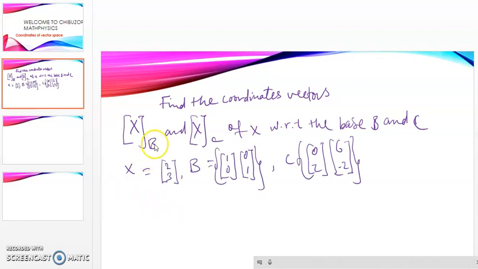So for x to base b, we have been given x to be 2 and 3, and b as 1 0, 0 1. We have x base c, which is 0 2 and 6 negative 2. So we are to find the coordinate for these two vectors given in this form of matrices, and this is a kind of 2x2.